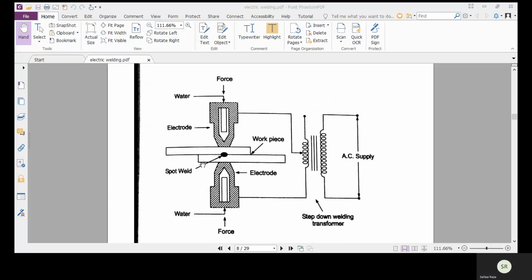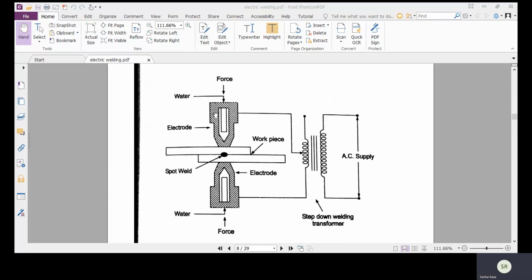Here there are two electrodes. One is movable and the other one is fixed. We place the workpieces overlapping each other at this point.